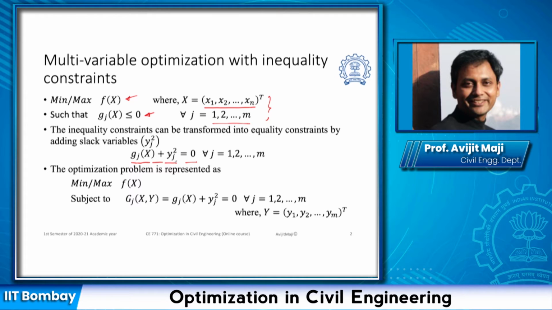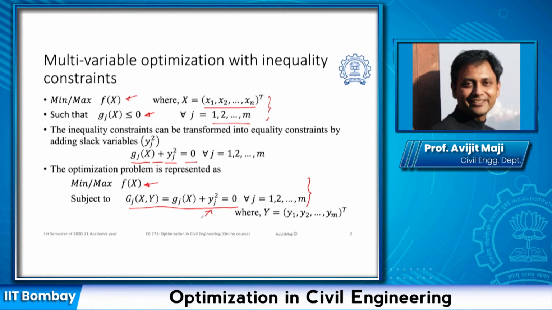So once we add this, my multivariable optimization problem with inequality constraints is going to transform into a multivariable optimization problem with equality constraints, and this problem is going to be like this, where this is my objective function and my constraints, in this case the equality constraints, are going to be of this form, where we have added yj square.